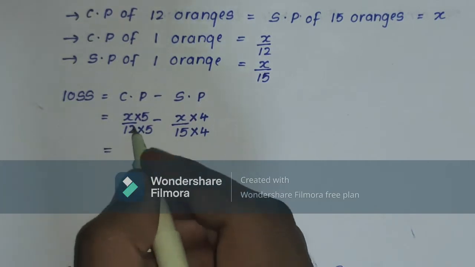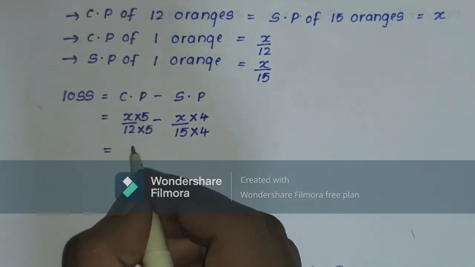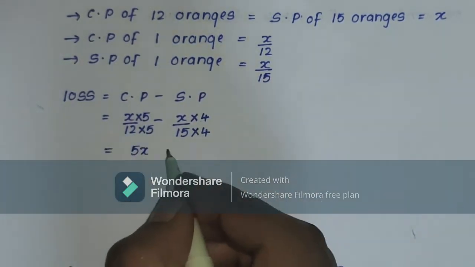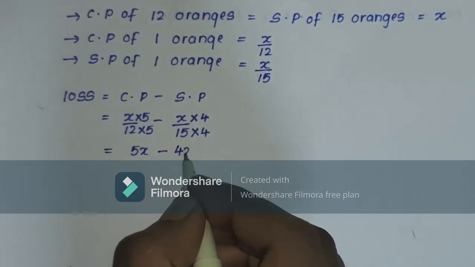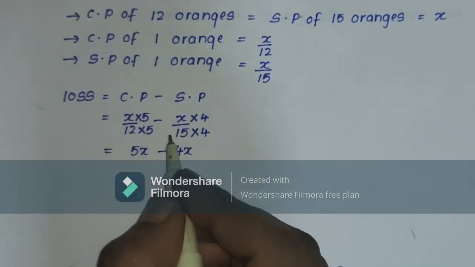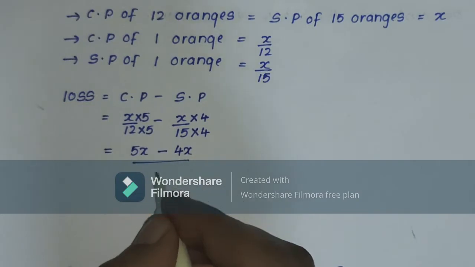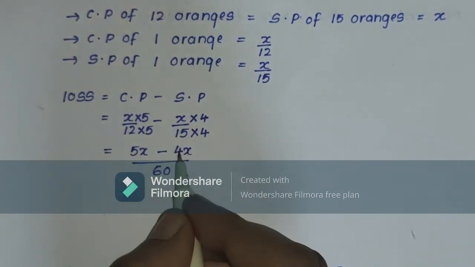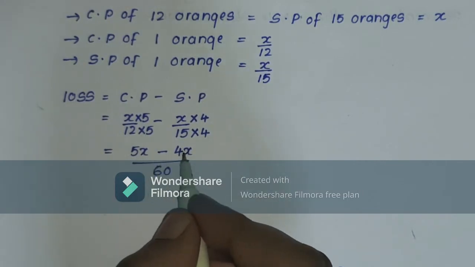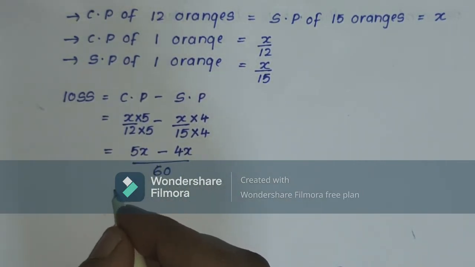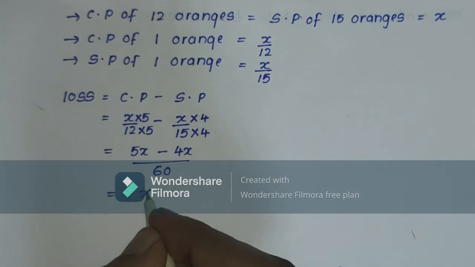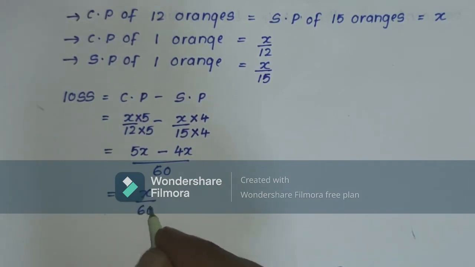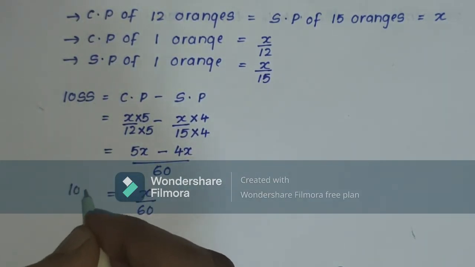Now it will become 5x, and this will become 4x. And you know, student, when the denominators are the same, we take a common value, that is 60. Now, student, 5 minus 4 is 1. Therefore, 1x. We are going to say the loss is x by 60. Okay, student, so this is the loss.